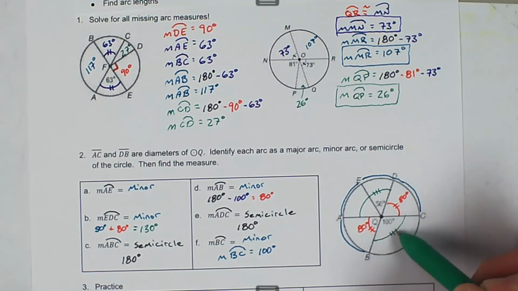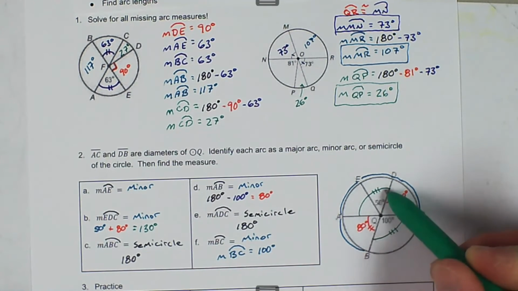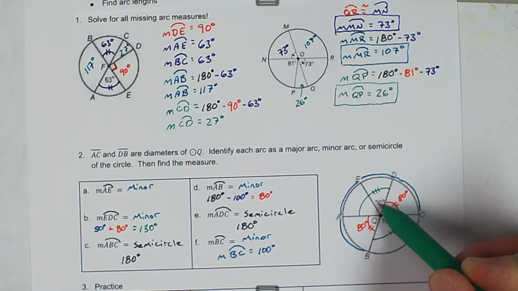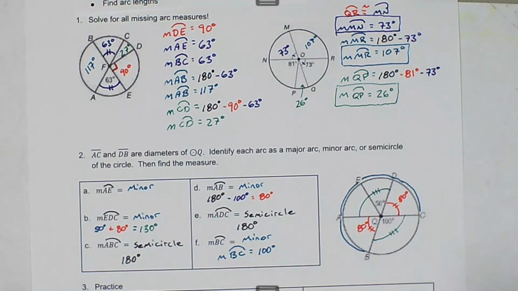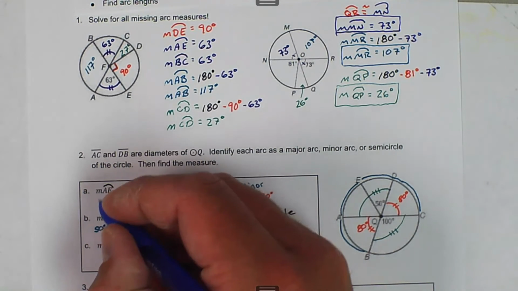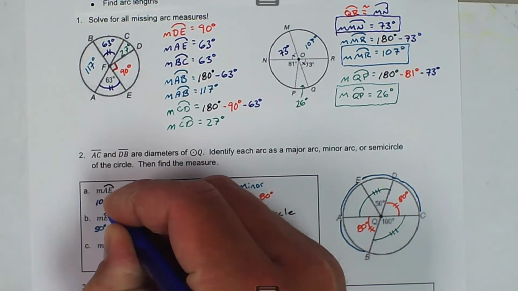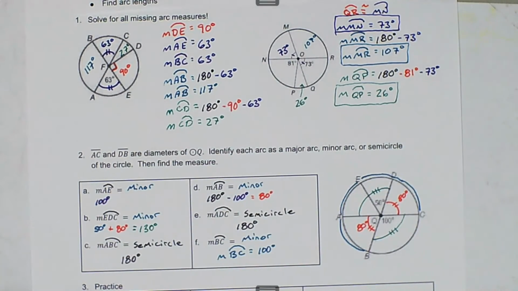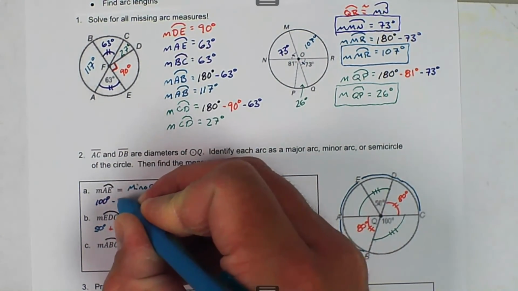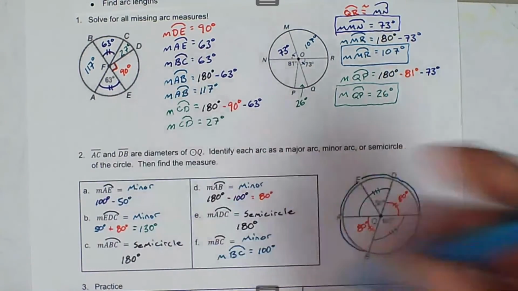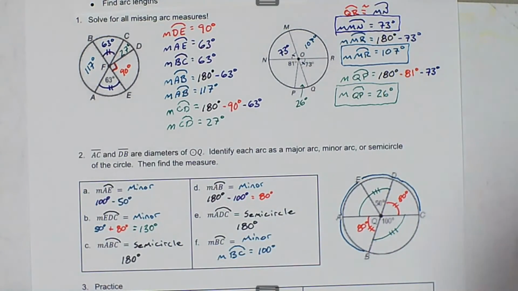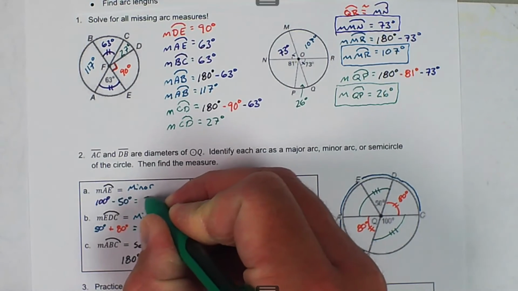So this one is 100. This one is also 100, but we've already used 50. So we can take 100 minus 50, and that will give us our remaining amount. And so we have a remainder of 50 degrees.